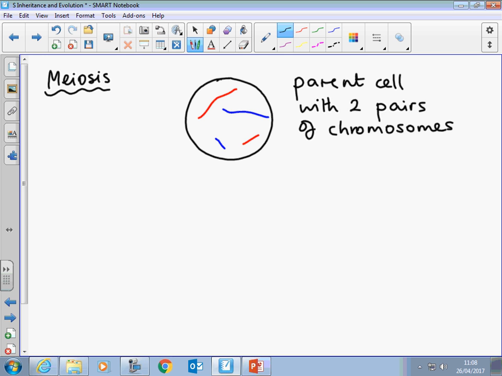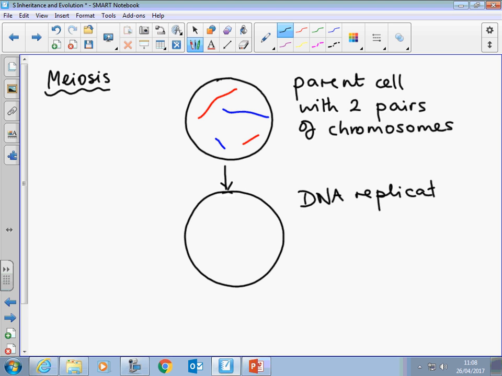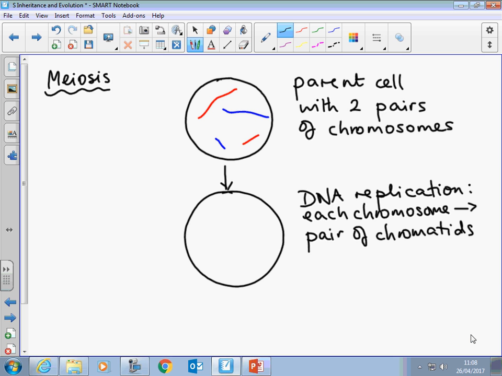So replication of DNA is exactly the same, so that each chromosome becomes a pair of chromatids. So that's going to happen before the whole process starts.